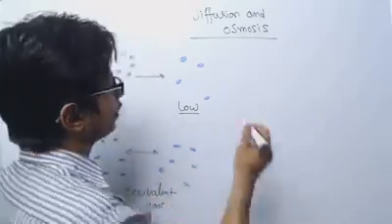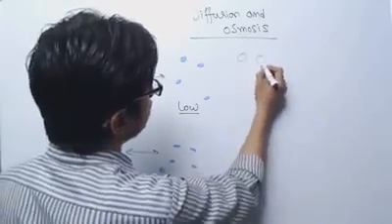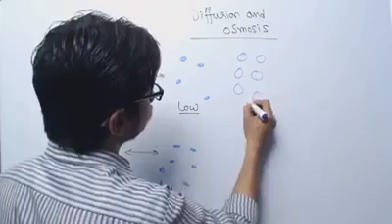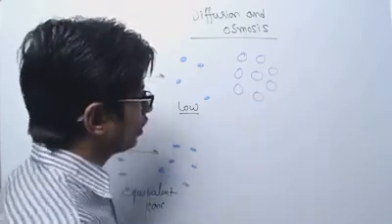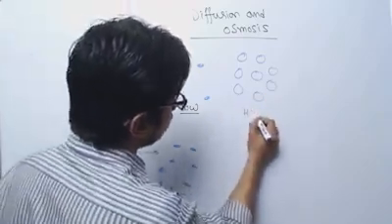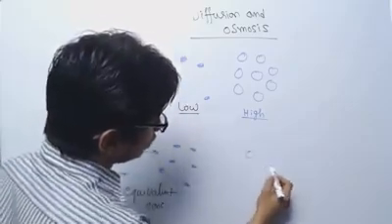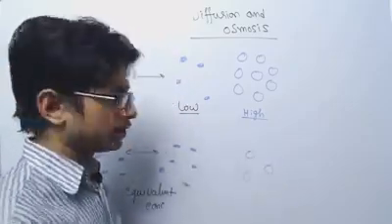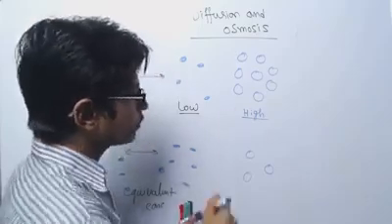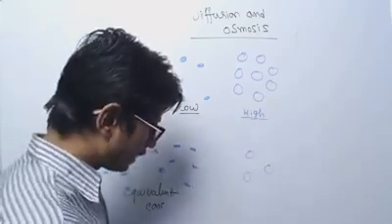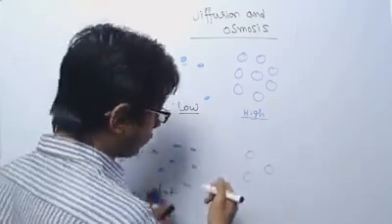Let's take this same thing. Let's say these are the molecules, this is the high concentration, and this is the low concentration of that same solute over there, and they are separated by a semi-permeable membrane.